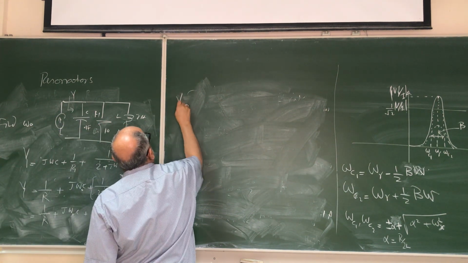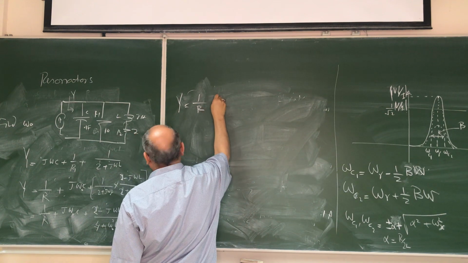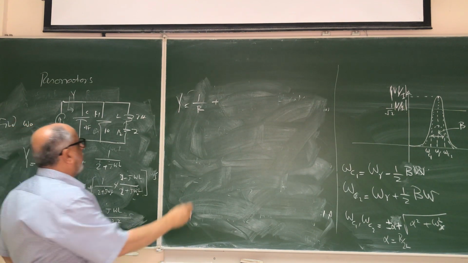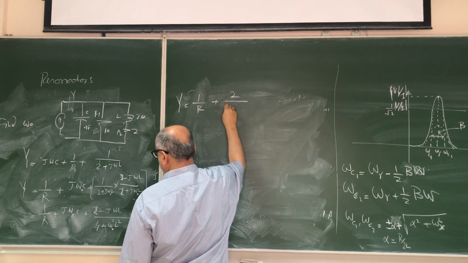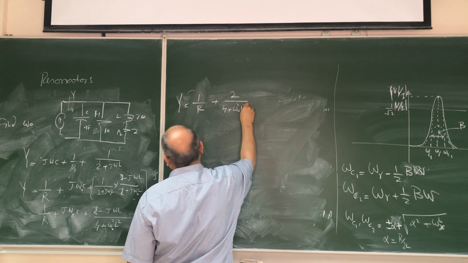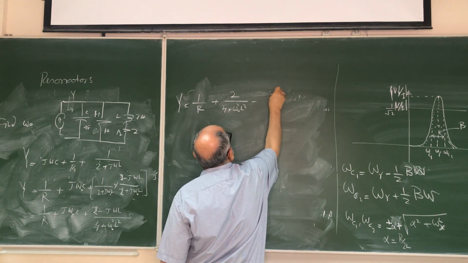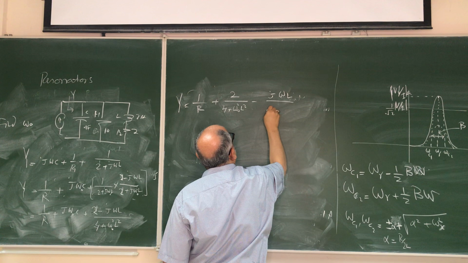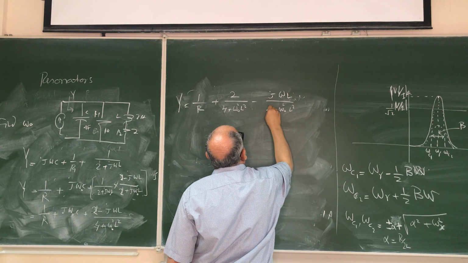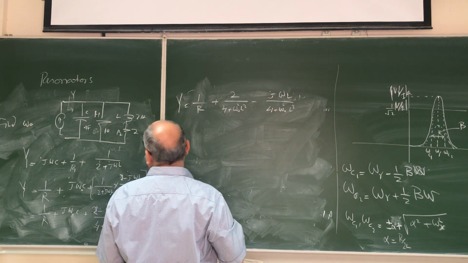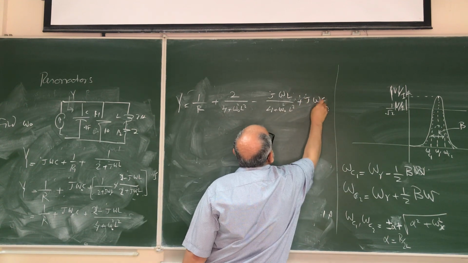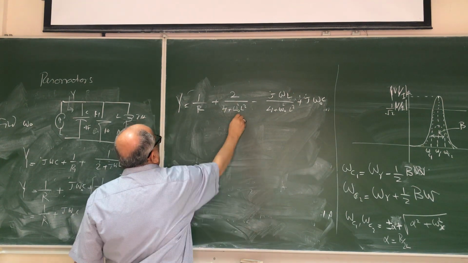We say Y equals 1 over R plus this term, which is a real number: 2 over 4 plus omega naught square L square, minus j omega L divided by 4 plus omega naught square L square, plus j omega naught C. I don't care about the real part.